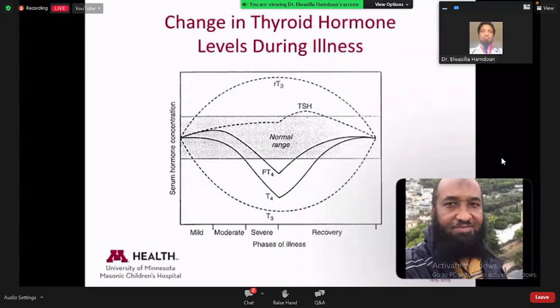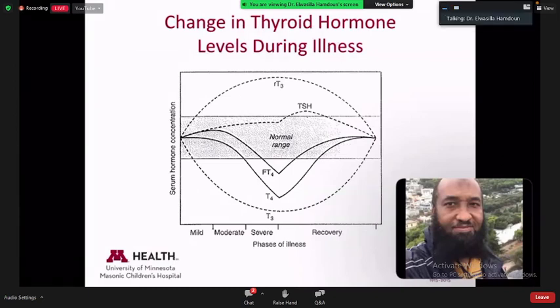This graph is very helpful if you need to know about sick thyroid, or thyroid hormone levels during illness. Remember, the body compensates and adjusts during illness by changing the availability of the thyroid hormone to protect. It's a protective compensatory mechanism. So this graph classifies the illness into mild, moderate, severe, and the recovery phase.